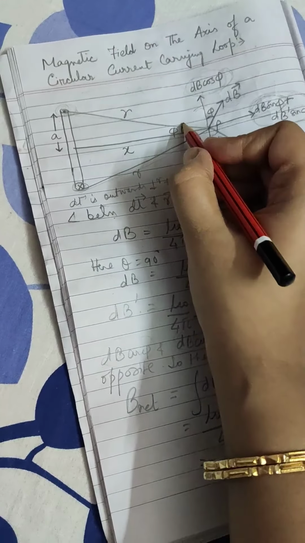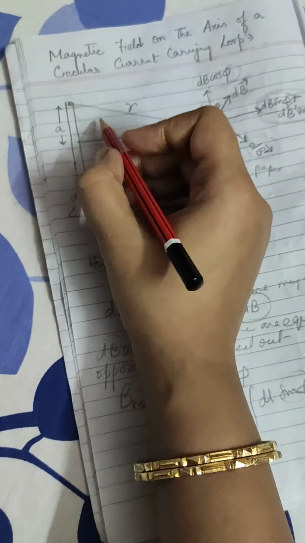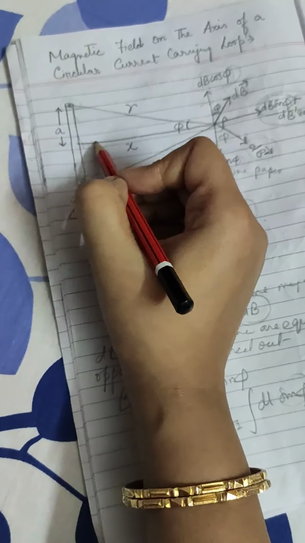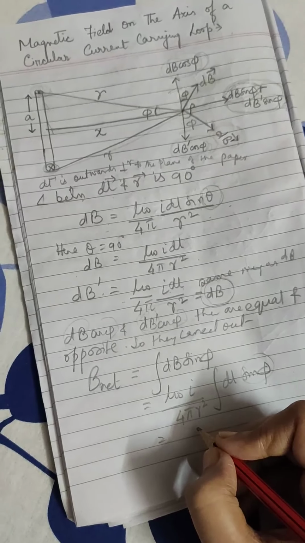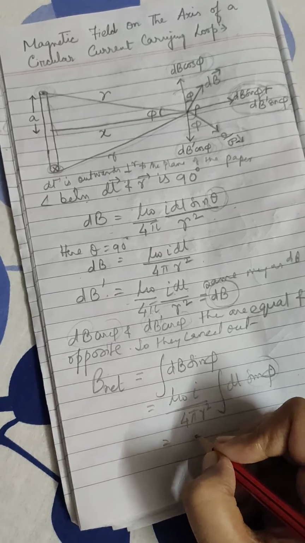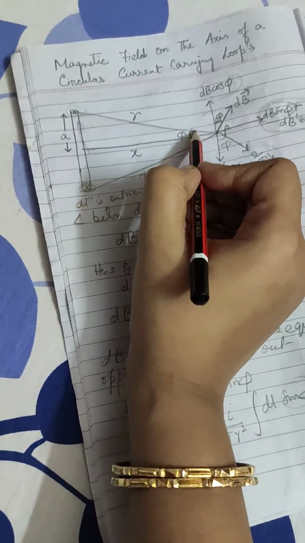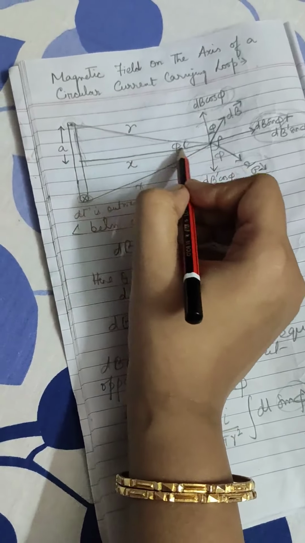Sin phi, find out sin phi, that is equal to a by x, perpendicular by hypotenuse. What did I say? Oh, I'm so sorry. A by r. Sin phi is a by r, perpendicular by hypotenuse.